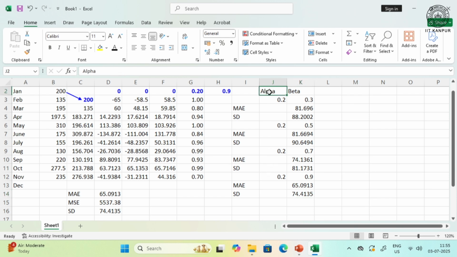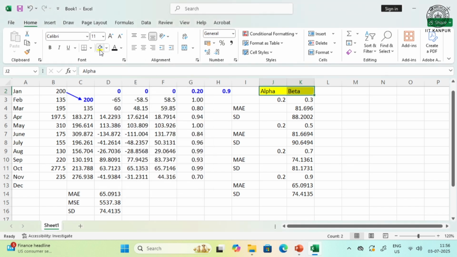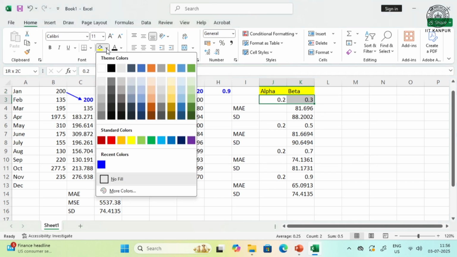So, for these values of alpha and beta, I am able to plot it accordingly. I will mark it in, say for example, yellow. These are the values which I should mark in, say for example, light green.